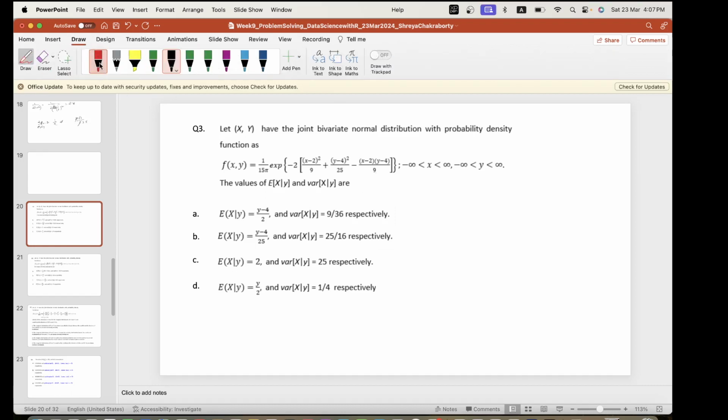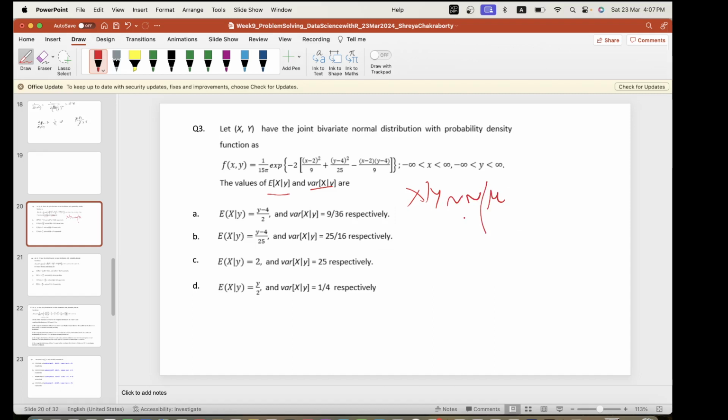Alright. Okay, sir. So if I have to find out values of expectation of x given y and variance of x given y, it follows a normal with the parameterization. What is that?